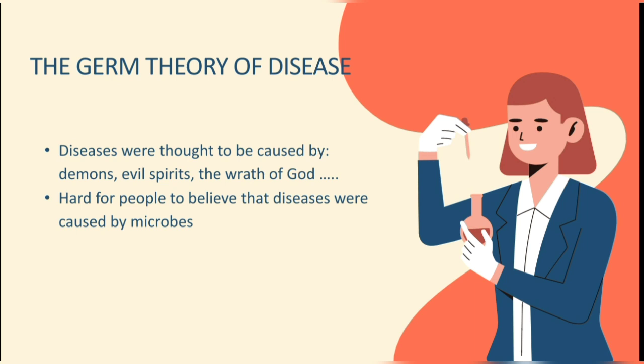Joseph Lister performed surgery under aseptic conditions using phenol, and he proved that microbes cause surgical wound infections. And lastly, Robert Koch established experimental steps for directly linking a specific microbe to a specific disease.